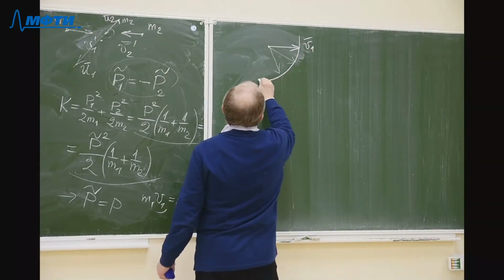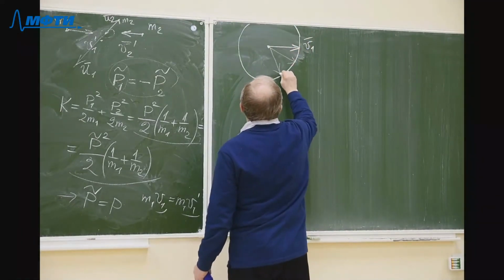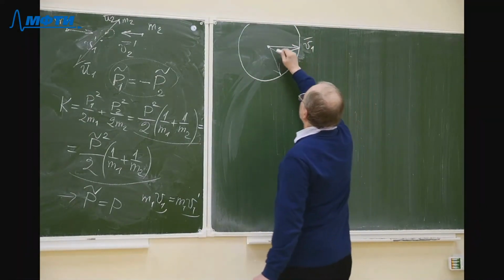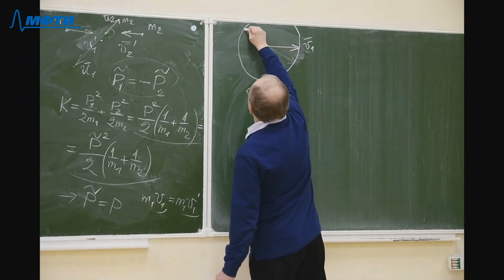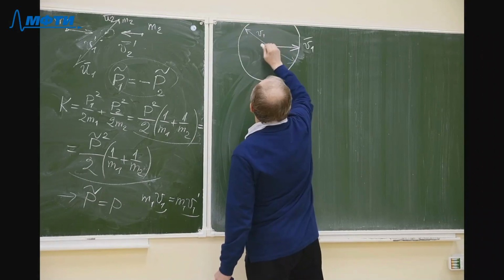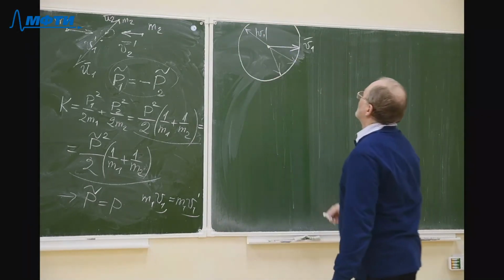After the collision, the end of the velocity vector will be found on the circumference of radius v1. It may be directed even here. That is the magnitude of velocity v1.